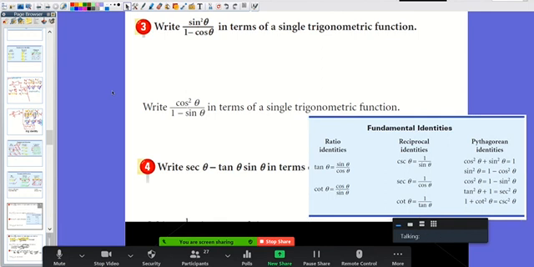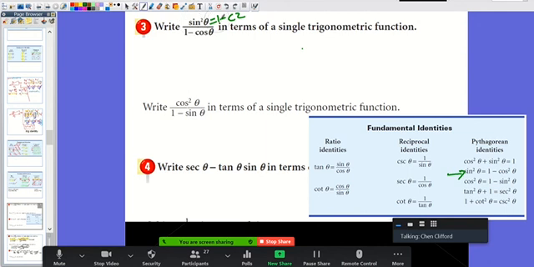Sine squared equals 1 over cosine squared. Well, check this out. We know that sine squared, let me do it in green, is equal to 1 minus cosine squared. So I'm going to just cross that off.